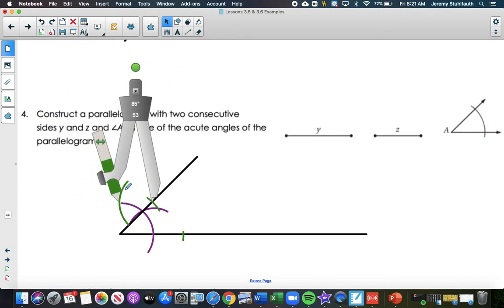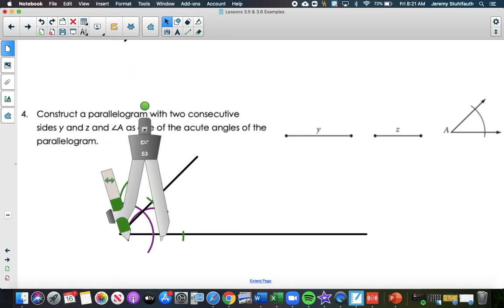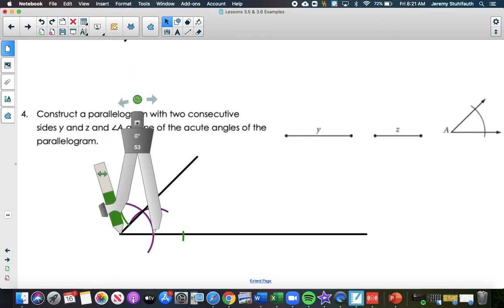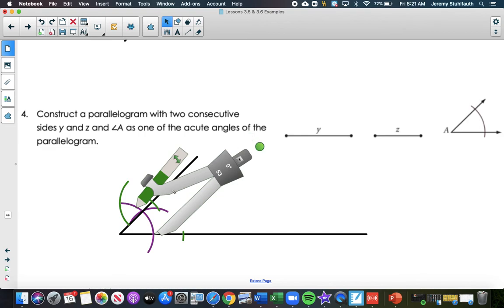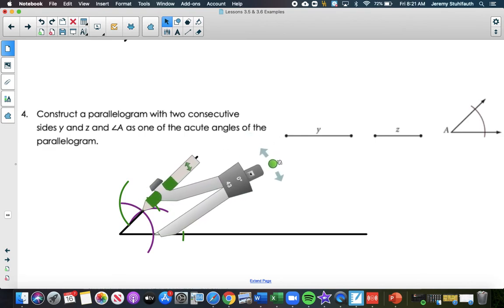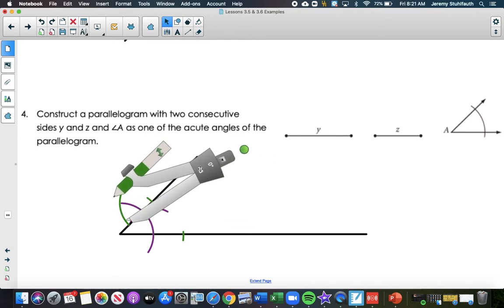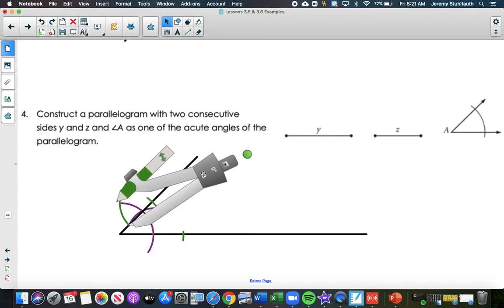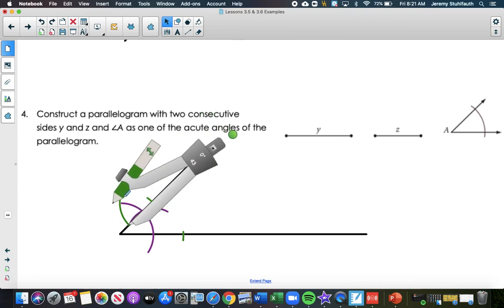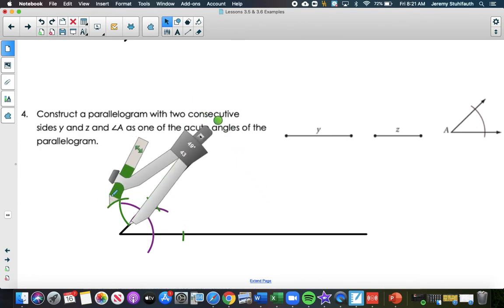And then after that, we're going to come back over here. We need to adjust our compass so that it is the length of that first arc that we had. Here we go, adjusting this, boom. And then we're going to put our pointy end right here, and we're going to draw in our arc. There.